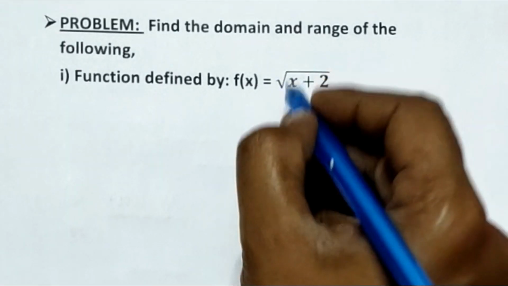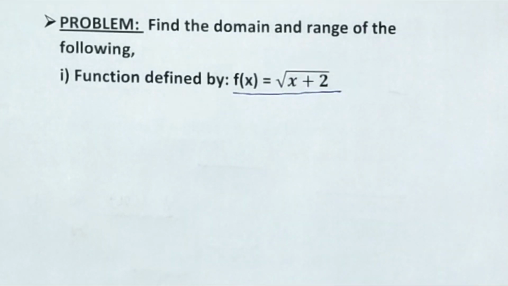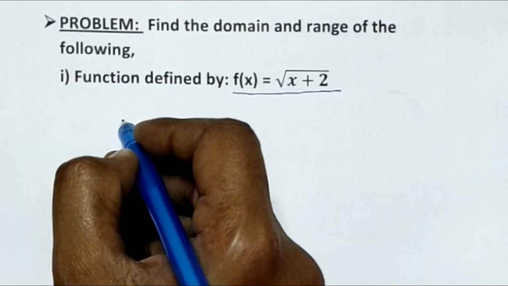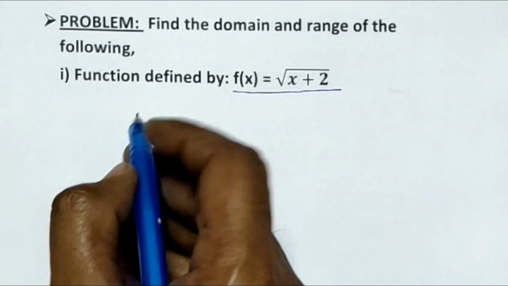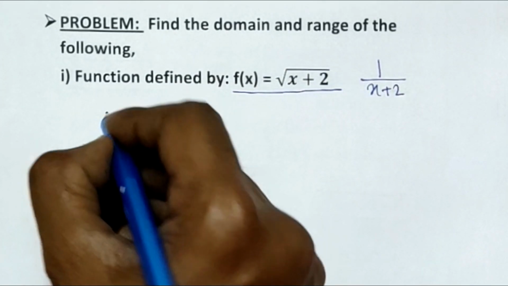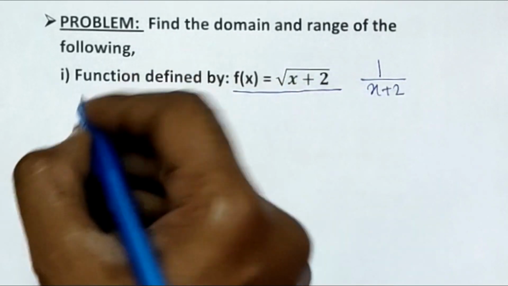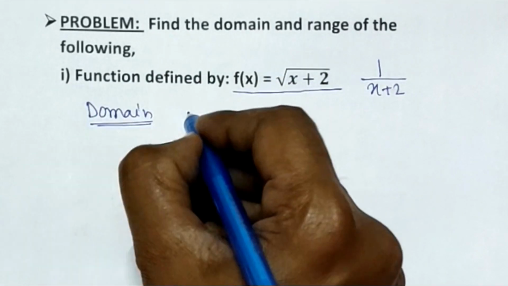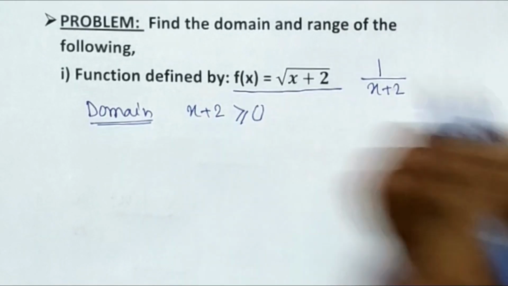So now look, here the given function is f(x) equals root under x plus 2. So basically here we don't have to think about the first criteria or first tip. We have root under x plus 2. So by that second tip of domain, we can't take the square root of negative numbers. So basically for domain, x plus 2 must be greater than or equal to 0.